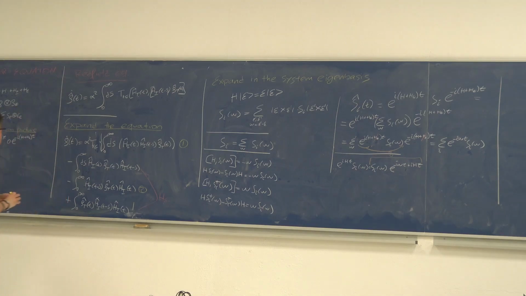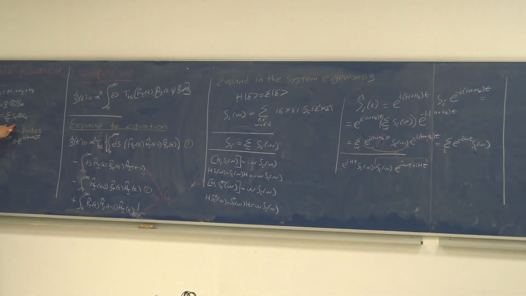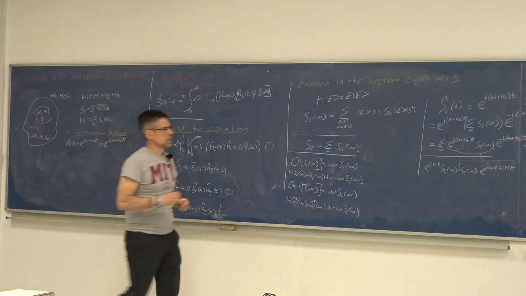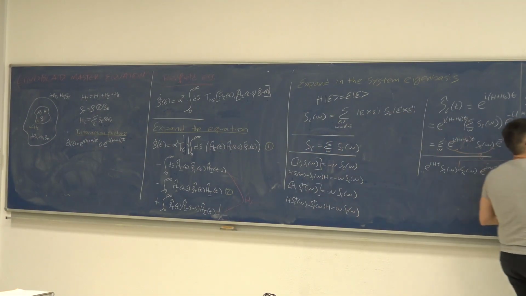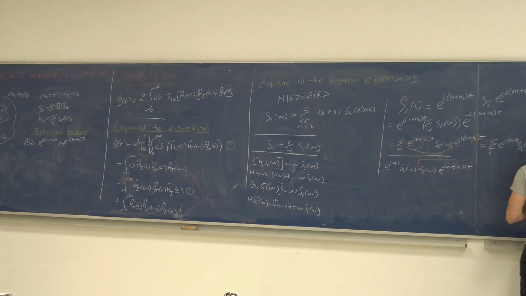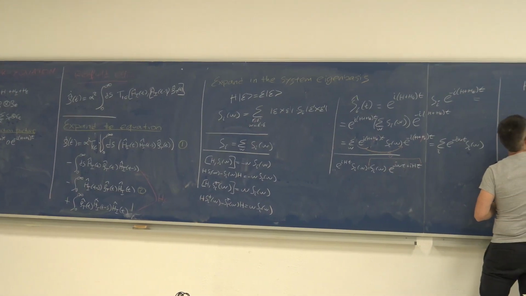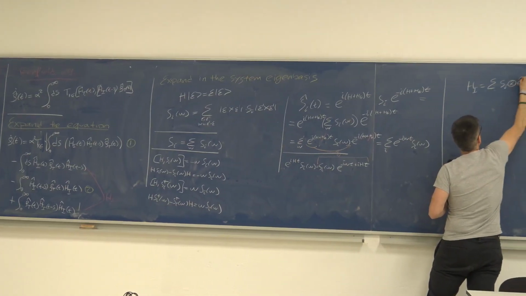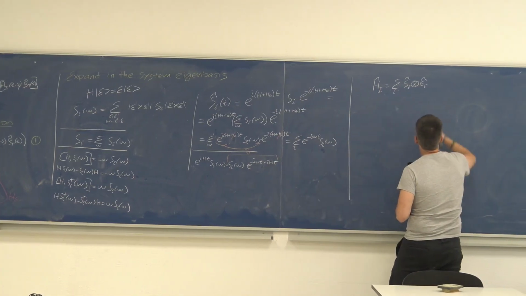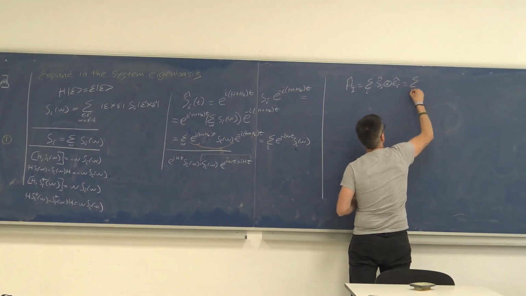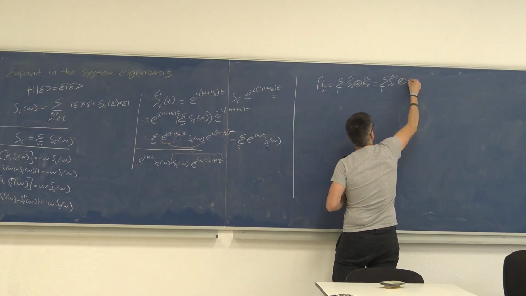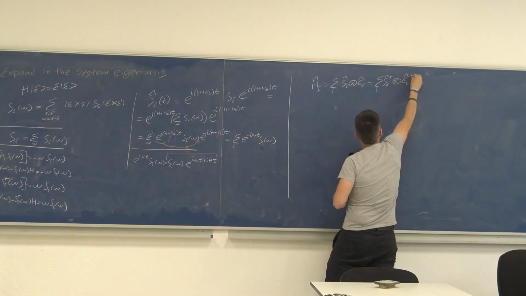And we are going to use the fact that the interaction Hamiltonian can be written in this way. Let me write it here so we have everything compact. It's true that this is the sum over i of S_i times E_i, hat and hat. But it is also true that this is the sum over i of S_i dagger times E_i dagger.